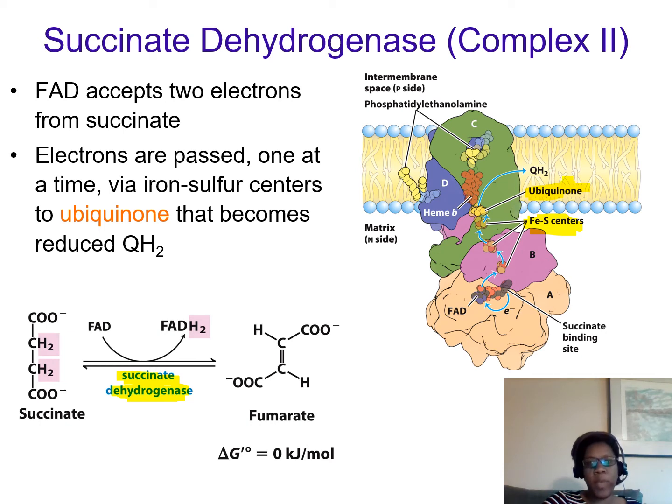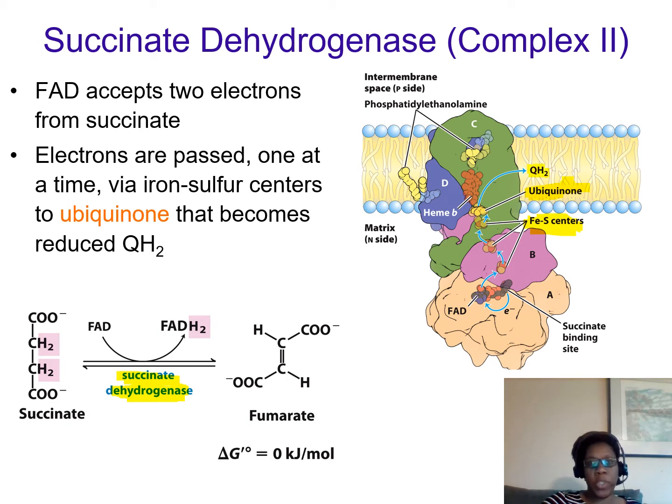It's the same reaction as before, except we're utilizing the succinate as our electron giver, what gives the electrons to FAD. And instead of FMN, we're going to create FADH2. FADH2 is going to pass electrons one at a time through our iron sulfur centers, and then lastly to ubiquinone. And we're going to create ubiquinol.